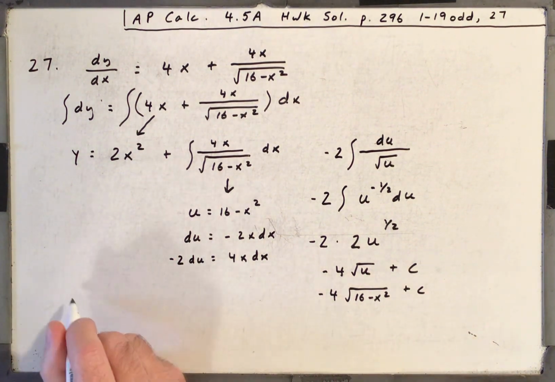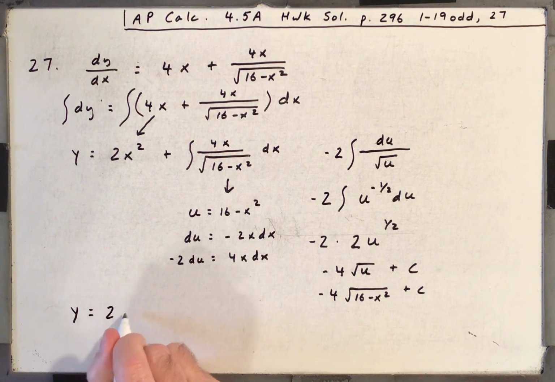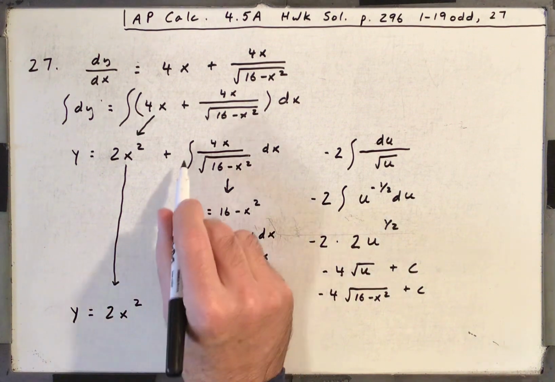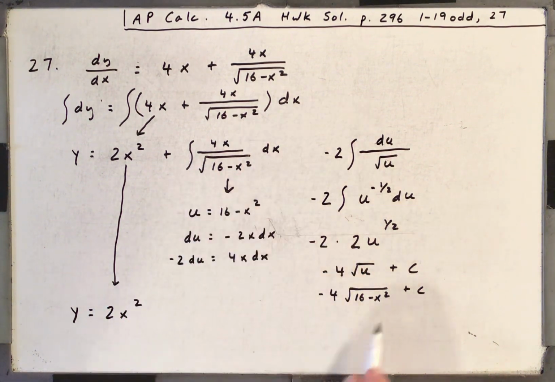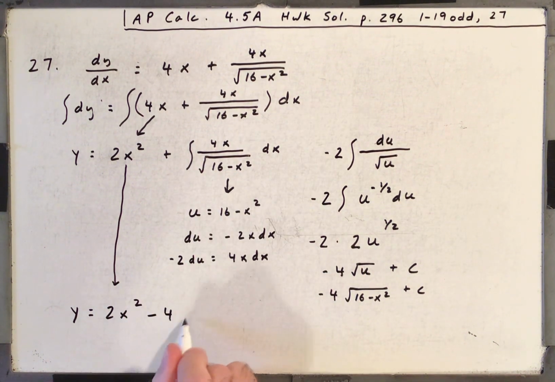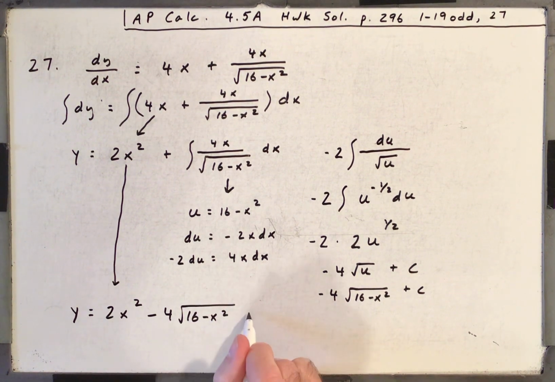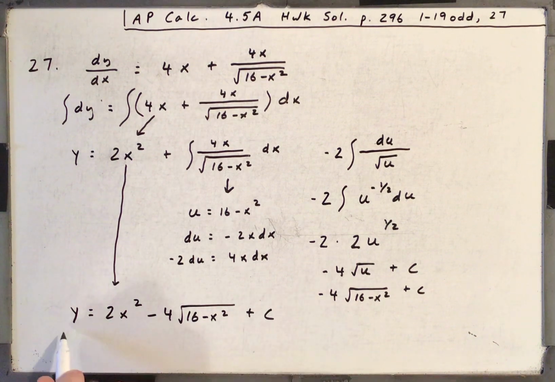Okay, so now we're going to write all this out. Y is equal to 2x squared. That was the easy part, right? And then integrating this whole second part is going to be -4 times the square root of 16 minus x squared. And don't forget the plus c.